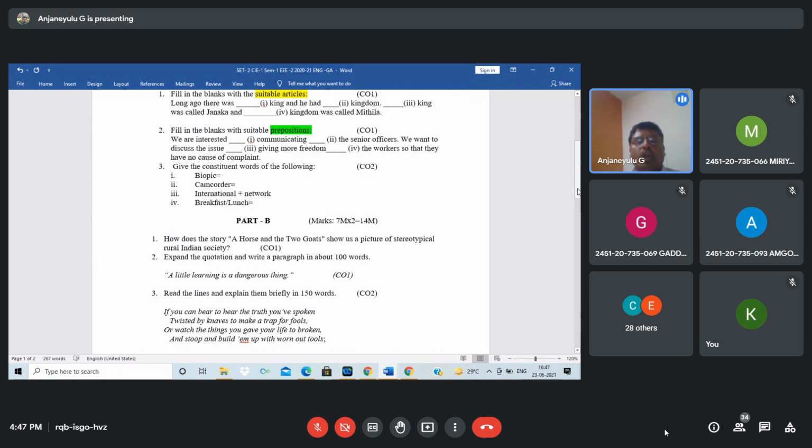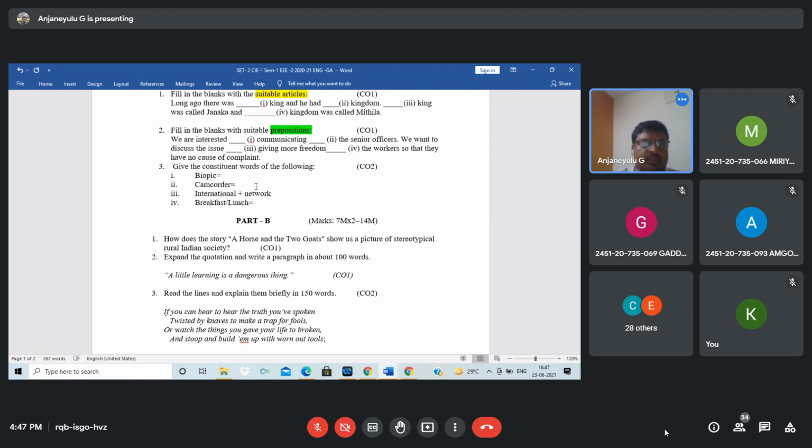Next, camcorder. Camera plus recorder, exactly. Camcorder. Yes, we usually use the device as a camcorder, but you should know what it means.